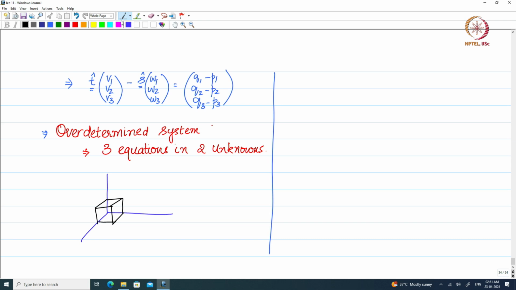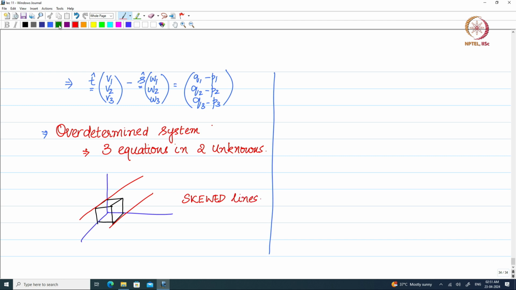It may so happen that the lines that we have can be one along here and one along here. That means they are in 2 different planes. These are basically called skew lines. If the lines are skewed, then we do not get a solution.